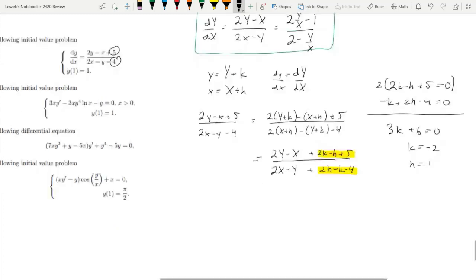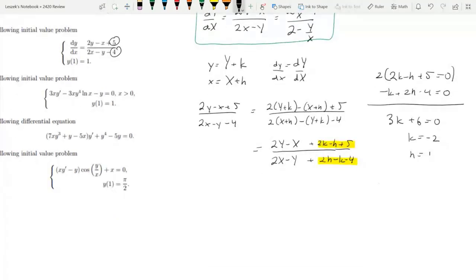Yeah. All right, so this means that the old x, so little x, is the new x. I'm using uppercase. Some people use x tilde, x bar, something to distinguish it from the old x. So it was big X plus h. H happens to be 1.